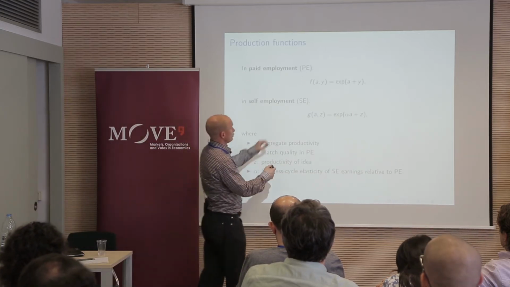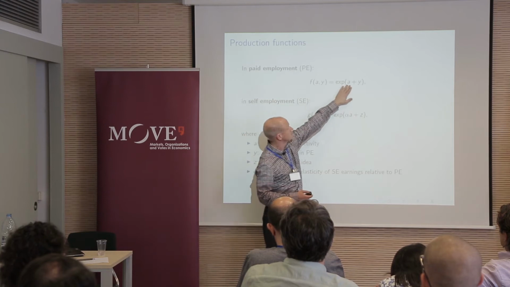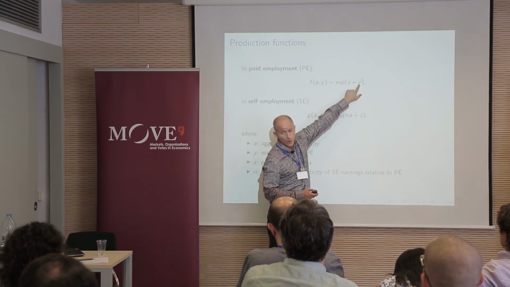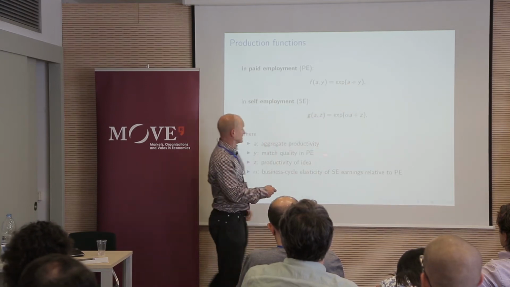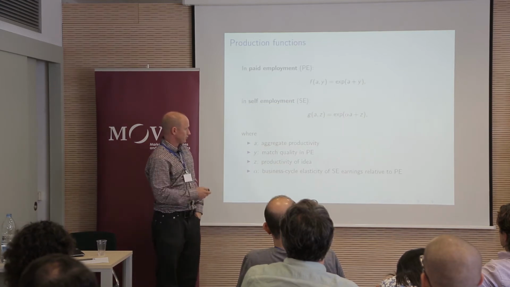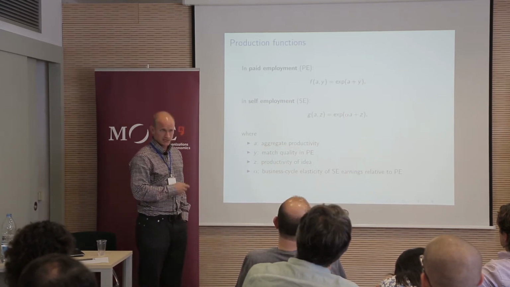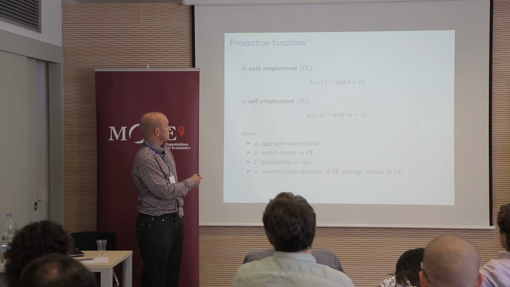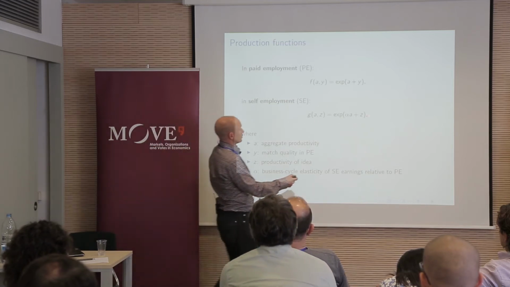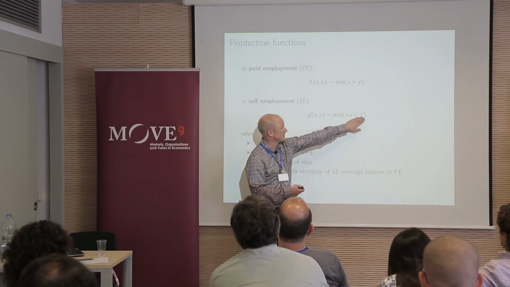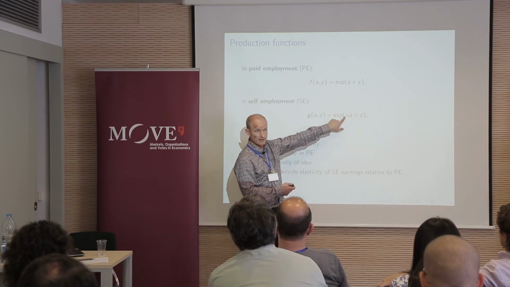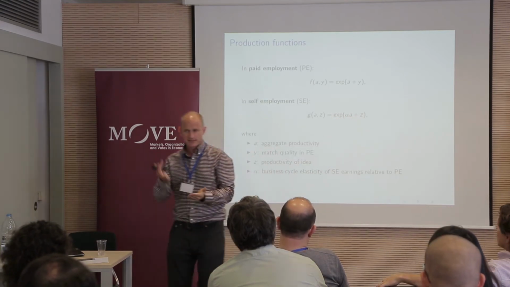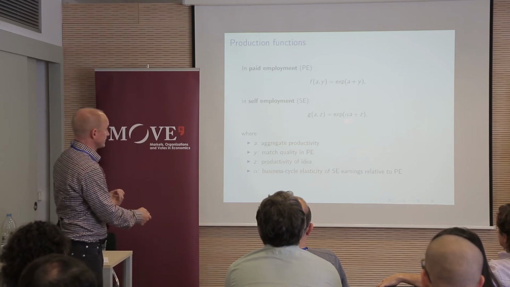So in paid employment, your production in a job will be e to the y plus a, and a is the business cycle shock, which is just going to follow an AR(1), okay? So that's our business cycle here. In self-employment, we're going to assume that it's your idea quality that matters, then also the cycle, and then I have the parameter alpha, that's the excess sensitivity of self-employed earnings to the cycle.